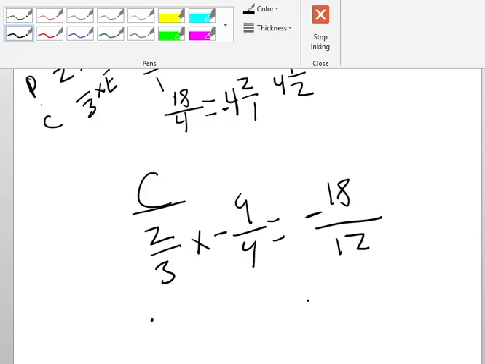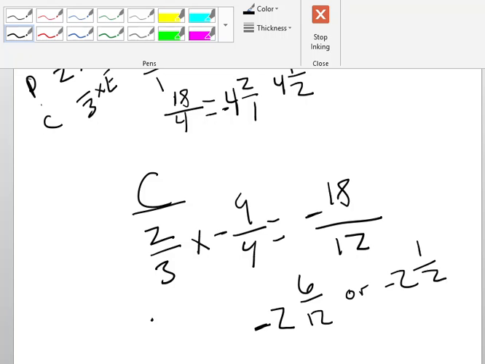If I convert that, that's going to be negative 2 and 6/12, or negative 2 1/2.